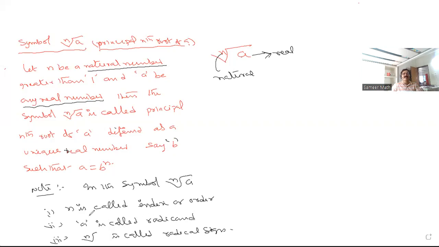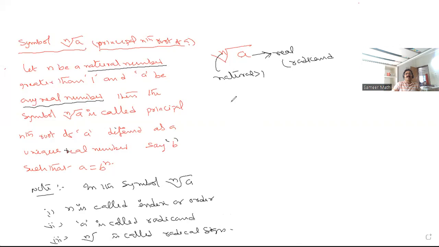A is called the radicand. I said it is a real number, and its name is radicand. Then n is a natural number greater than 1, not to forget that. And this symbol we can call the radical sign.